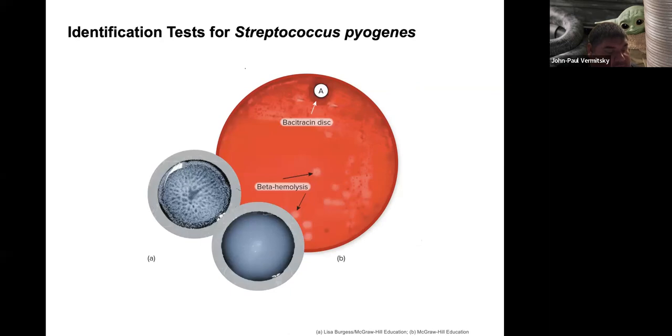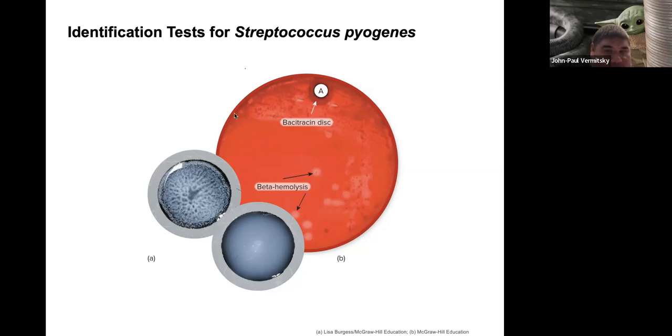If a positive reaction occurs, you'll see visible clumps, because the monoclonal antibodies are specific for Strep pyogenes. If you see clumping, as you see right here, that's a positive test. If there's no clumping, then it's a negative test.